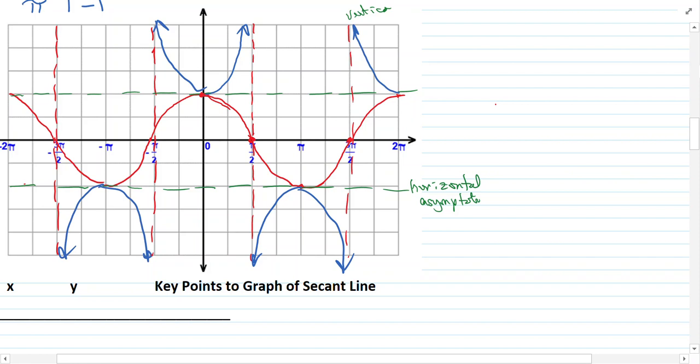Now you can see that it is even. It is even because we can fold at the center. And this part up here is y equals secant x. And we just did that rationalization. So we have that, and we need these guys.